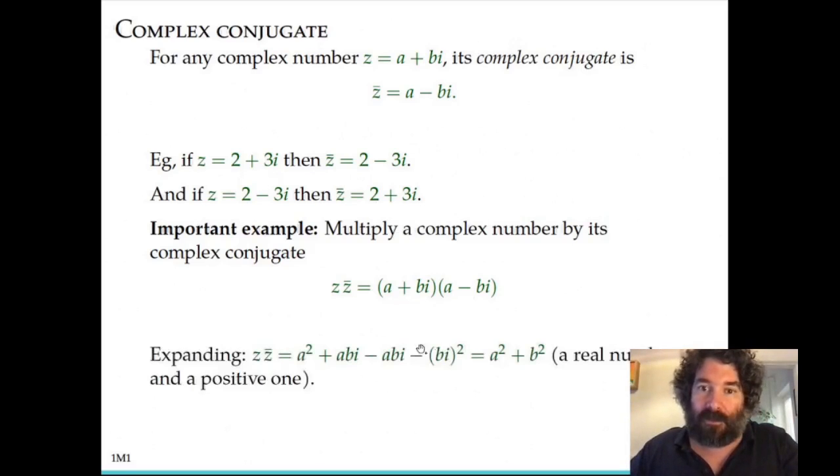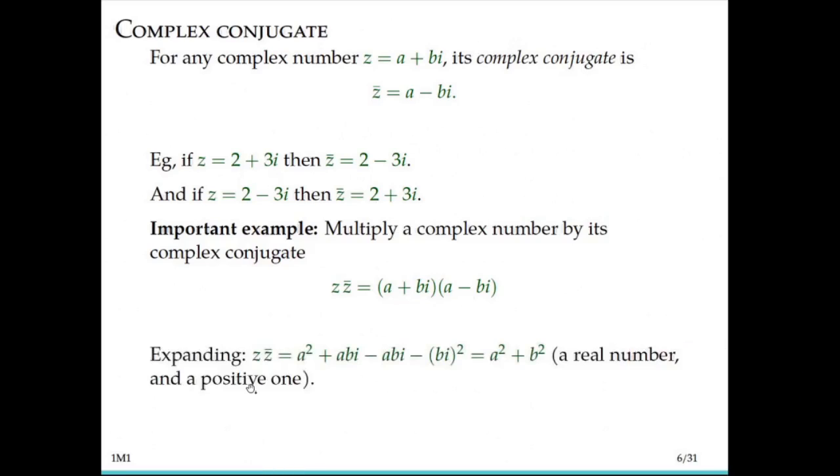First, use the distributive rule in order to multiply out z times z bar. So we have a squared, plus abi minus abi. The plus comes from the product of the two inner terms, and the minus comes from the product of the outer terms. And then we have plus bi times negative bi, so minus b i squared.